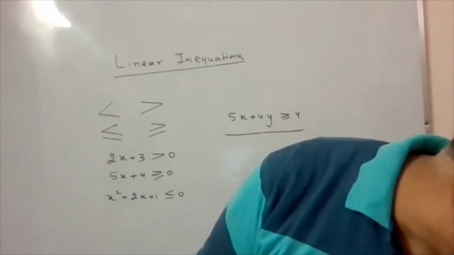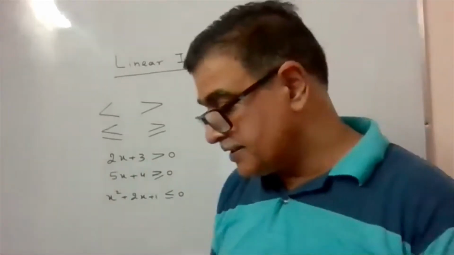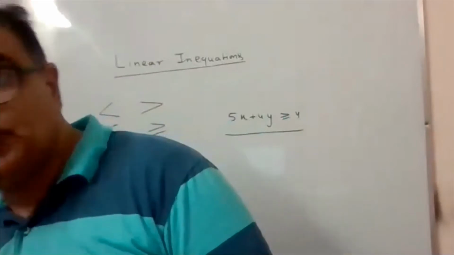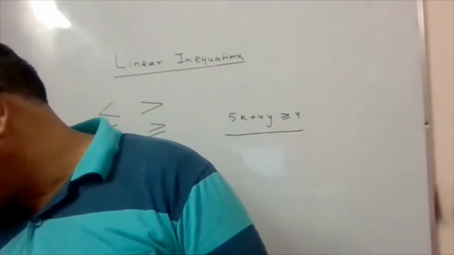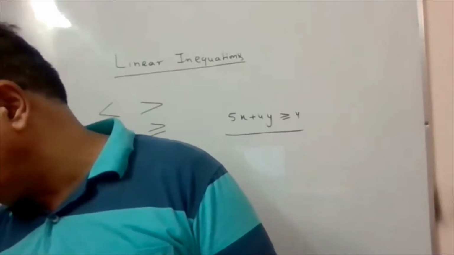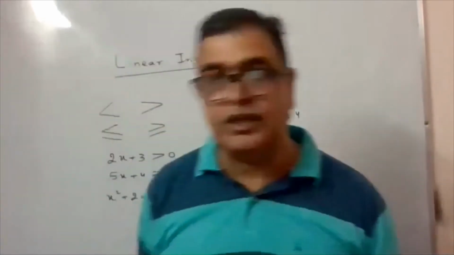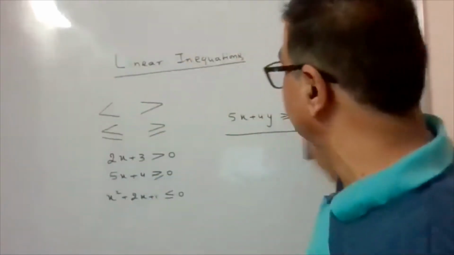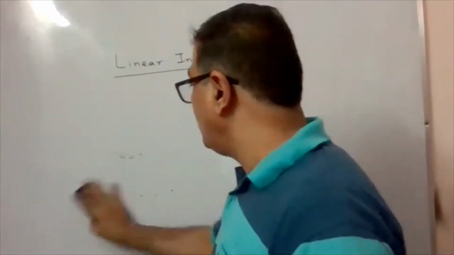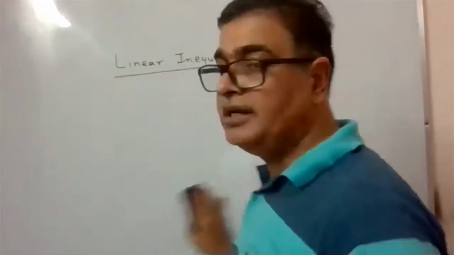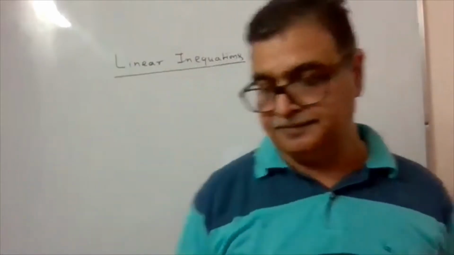Now coming on to certain rules which we should follow to solve these inequations. So now we are coming to the solution of inequations. One thing you should keep in mind, whenever you are calculating the solution of these inequations, there will not be 1 or 2 solutions, there will be infinitely many solutions.